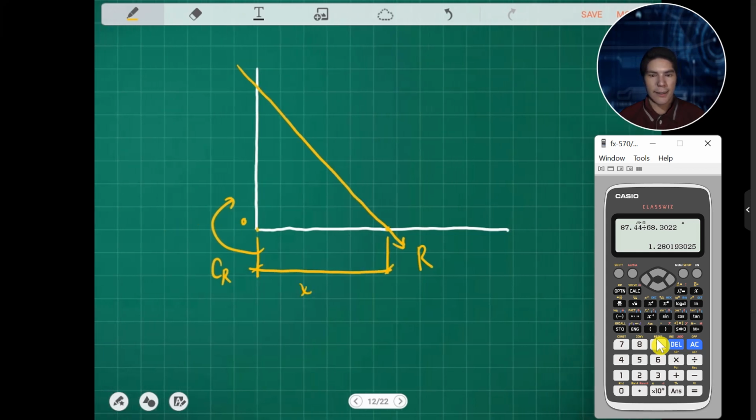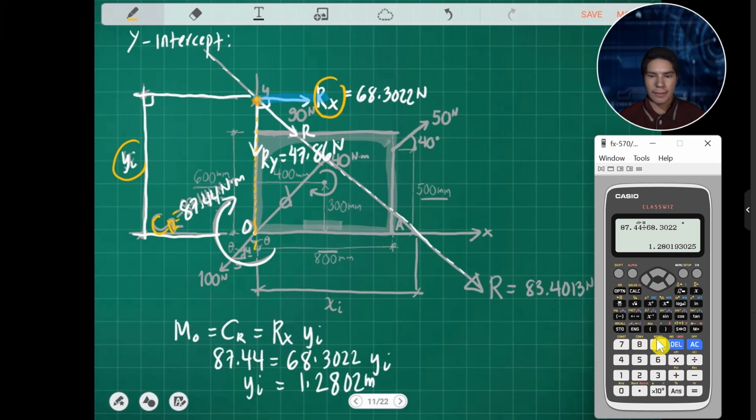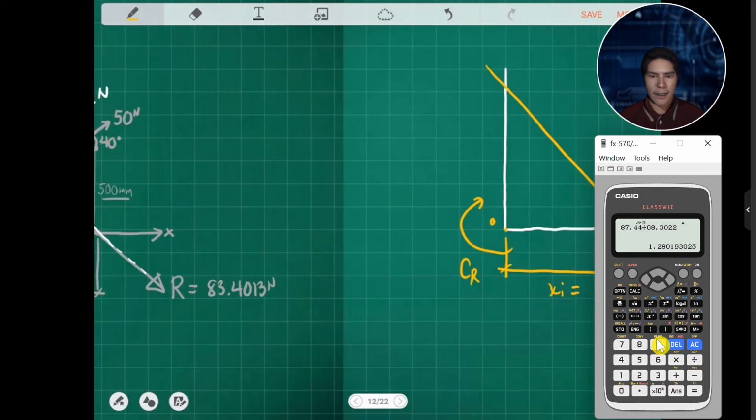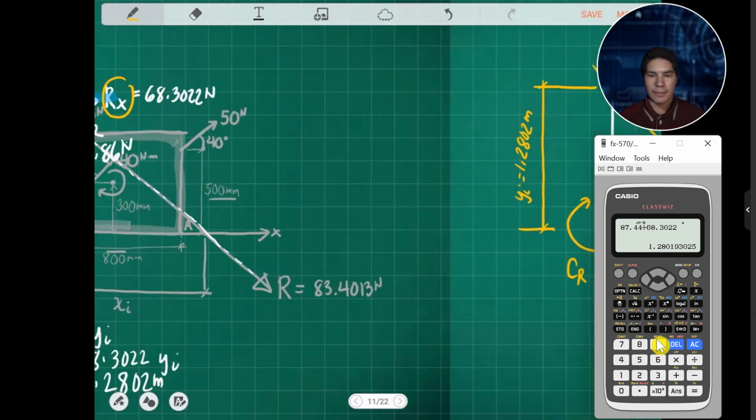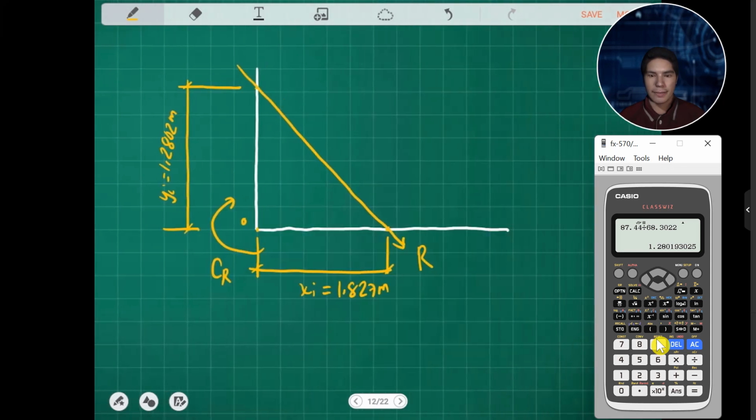So which is yung xi, we have 1.827. And then yung sa yi, y-intercept is 1.2802 meters.